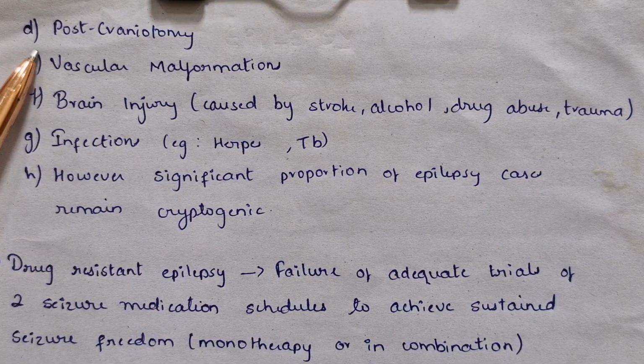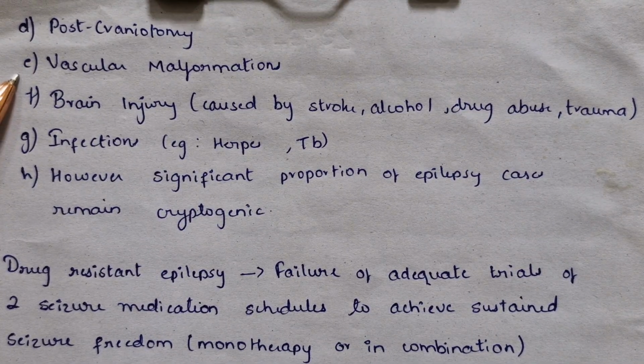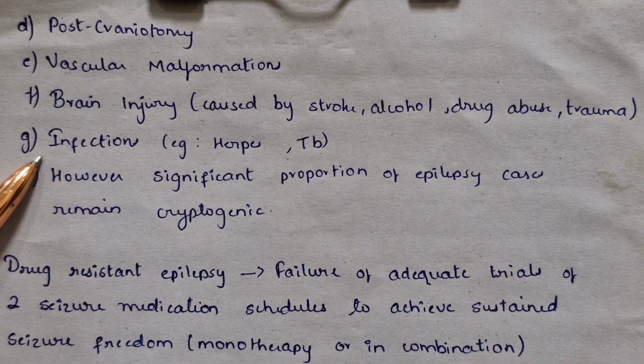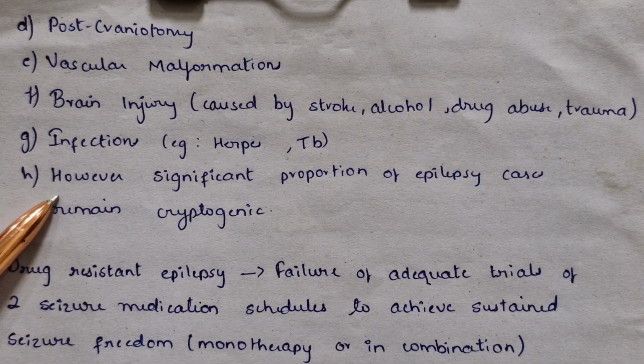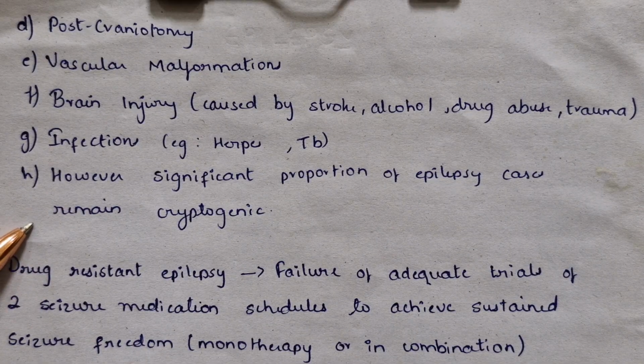Other causes include post-craniotomy, vascular malformations, brain injury caused by stroke, alcohol, drug abuse, or trauma, infections, for example, herpes and tuberculosis. However, a significant proportion of epilepsy cases remain cryptogenic.